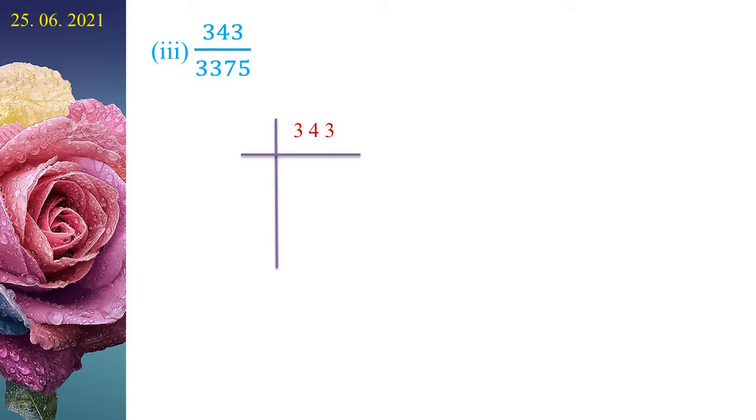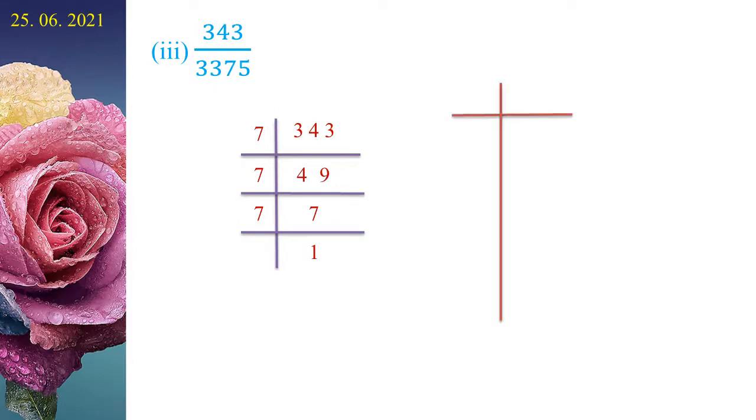The number 343 is divisible by 7. 4 7s are 28, balance 6, 63, 9 7s are 63. The number 49 is divisible by 7. 7 7s are 49. The number 7 is divisible by 7. We will get 1.